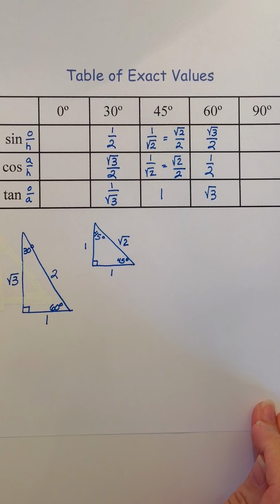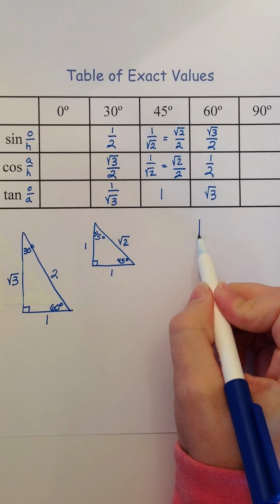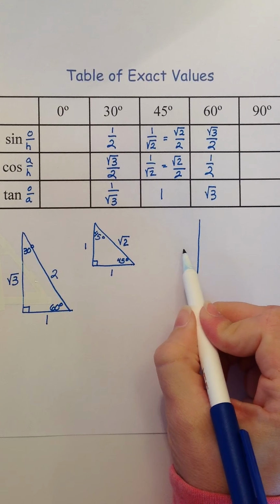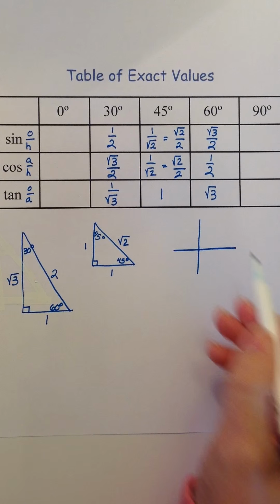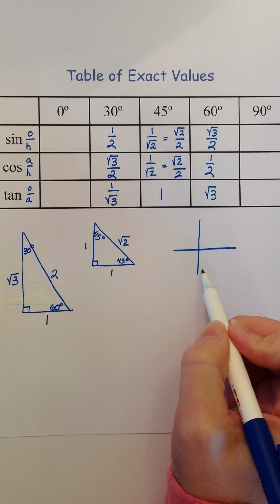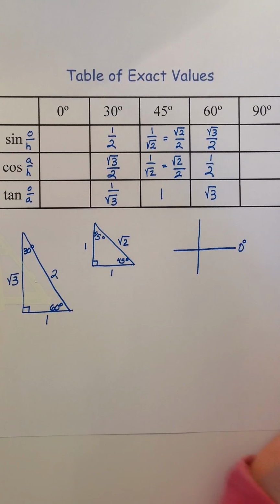Now, for the 0 degrees, this is going to go back to something that we learned earlier. Actually going back to your coordinate system, this being your x and y axis. Of course, the location of 0 degrees is here.